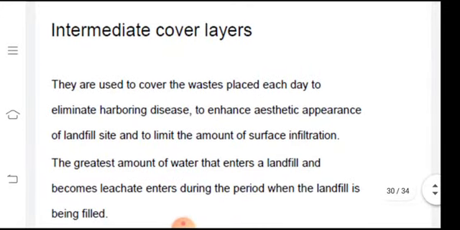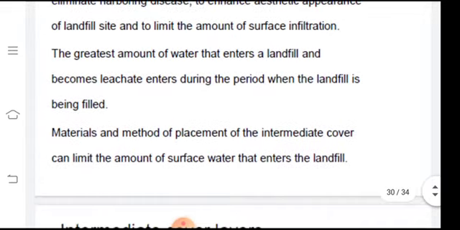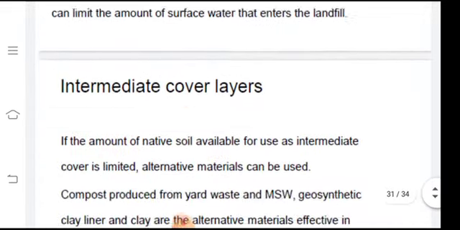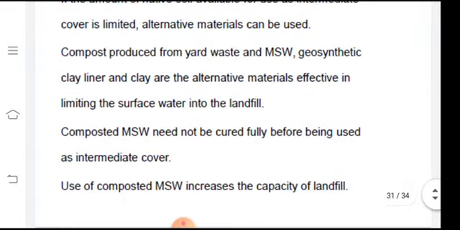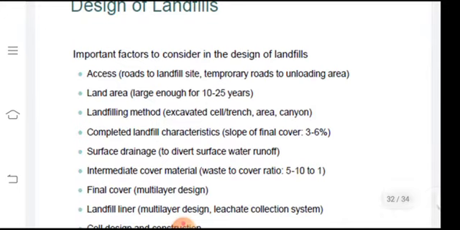Intermediate cover layers are used to cover the waste placed each day, and I think we have gone through this earlier, so please just have a look and go through these. Designing of the landfill again, there are some important factors to be considered.